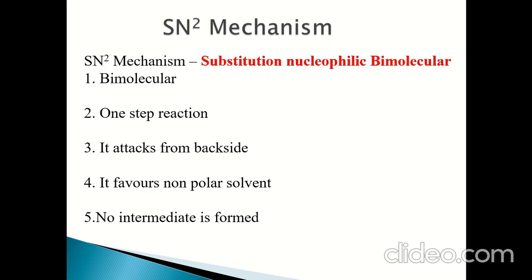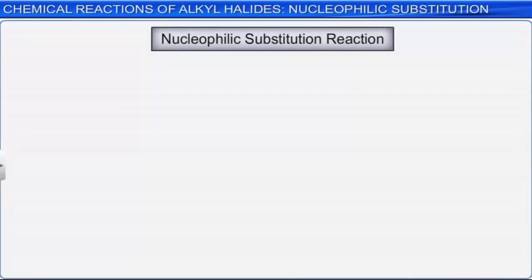So SN2 is bimolecular. It is a one-step reaction. It attacks from the backside. It favors polar solvent and there is no intermediate formed in this mechanism. Conditions. Nucleophilic substitution reactions can be classified as SN1 or SN2 reactions.